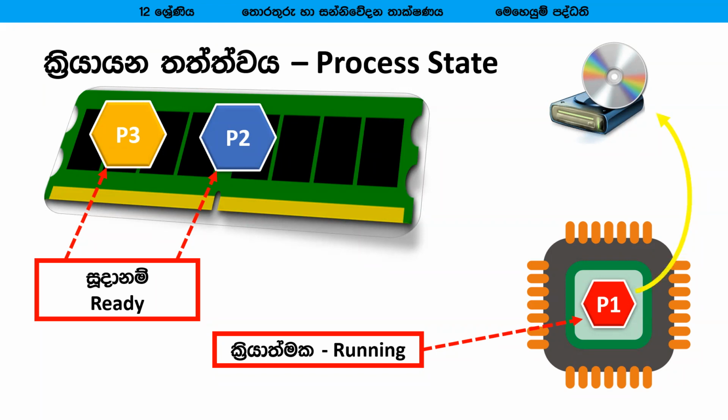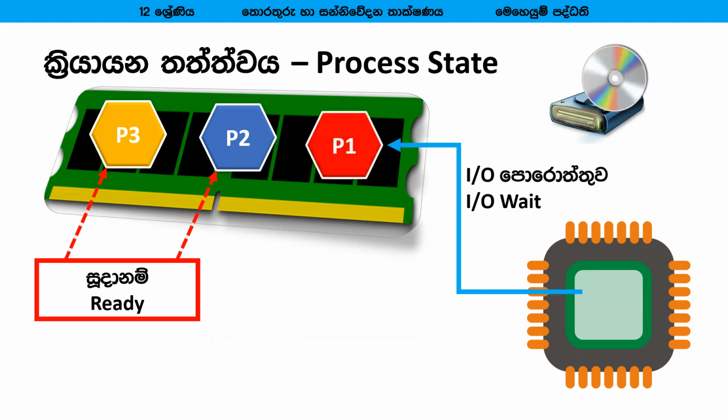So if someone is waiting to take something from some input output device, then quickly the operating system will attend to this situation and will take the particular process and send it to the RAM again. The reason is because it is waiting for input or output.